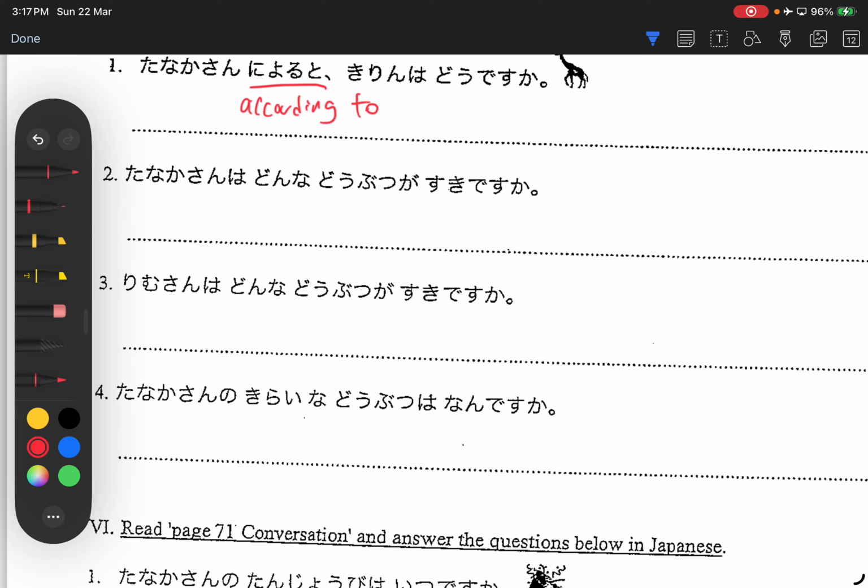So in the passage, the last line by Lim, he said that he doesn't like hebi and he also doesn't like gokiburi. But this gokiburi is cockroach. So this cockroach is only hated by Lim, not Tanaka. So if you copy both, you're wrong. We just need to copy one, which is hebi ga kirai desu. So Tanaka-san wa hebi ga kirai desu.